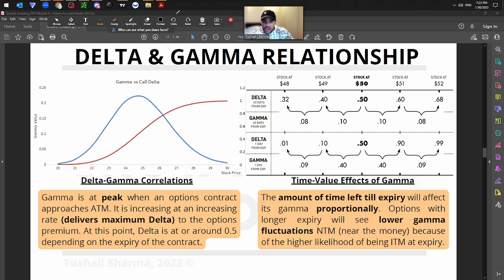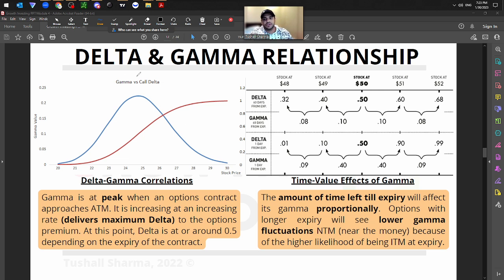Now there are also time value effects on gamma. So the amount of time left until the expiry will affect the gamma proportionally. Options with a longer expiry will see lower gamma fluctuations near the money because of the higher likelihood of the option being in the money, obviously, right? So you will realize that when you have an option with a very far expiry, this contract will fluctuate less at the money.